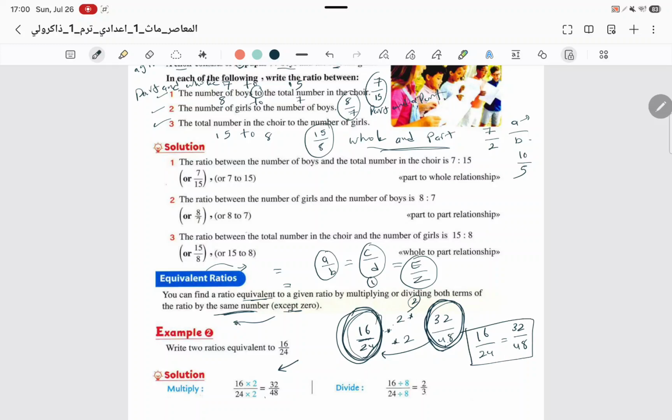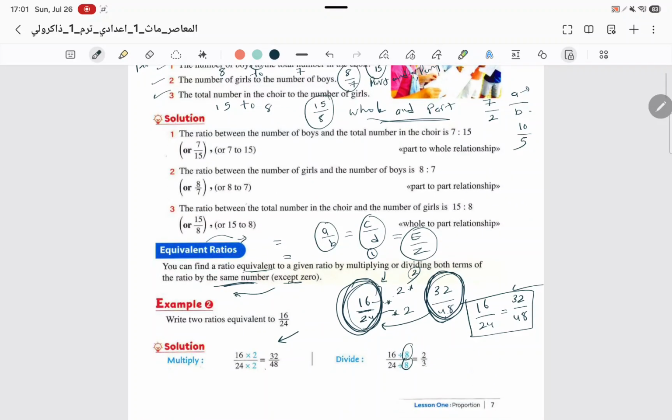Okay, that's good. So the first choice we did here was multiply. So we multiply the top and the bottom by 2, and we get 32 over 48. And if we make the second choice, which is divide the top and the bottom by any number, but we have to divide the top and the bottom by the same number, which is 8, for example, and he solved it like this.